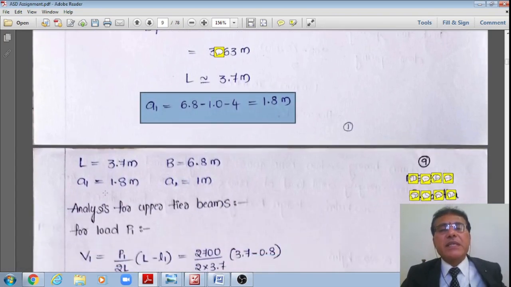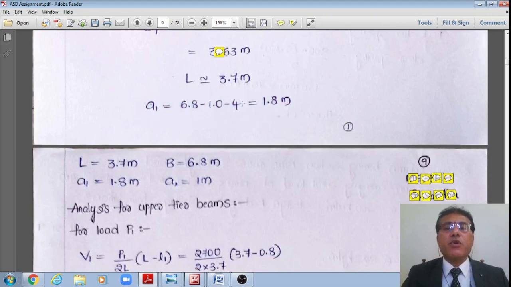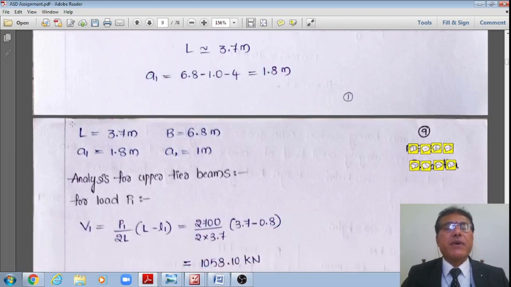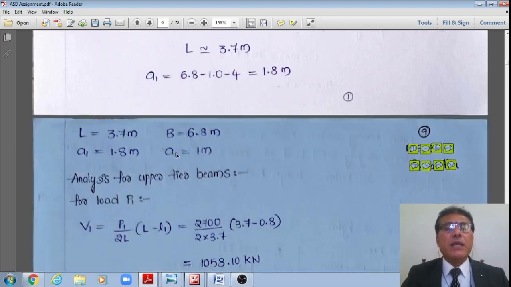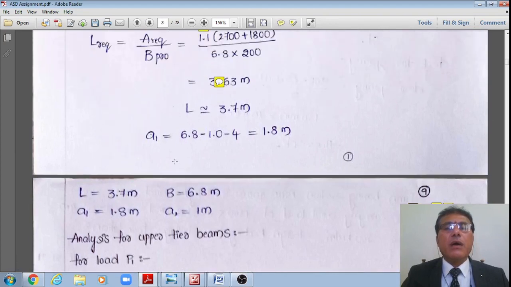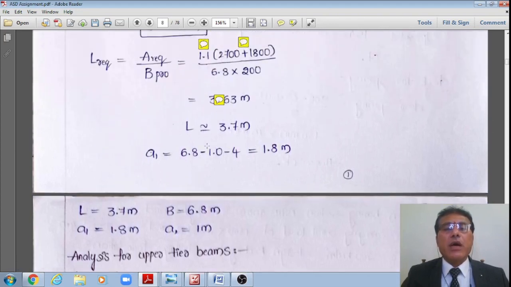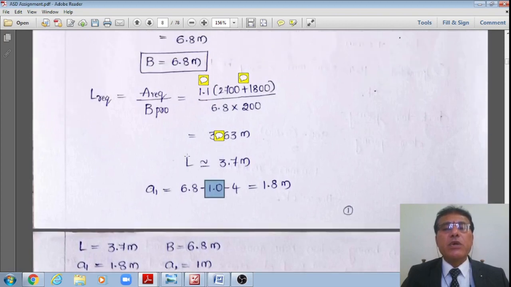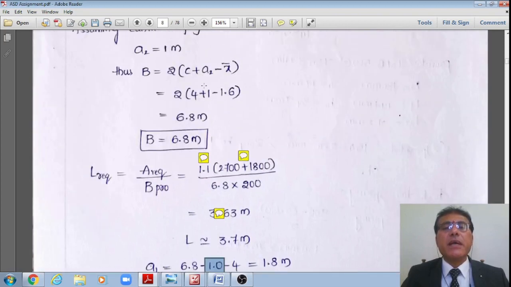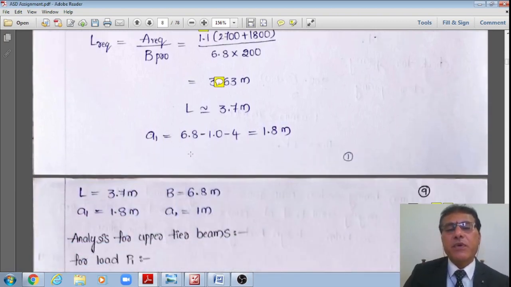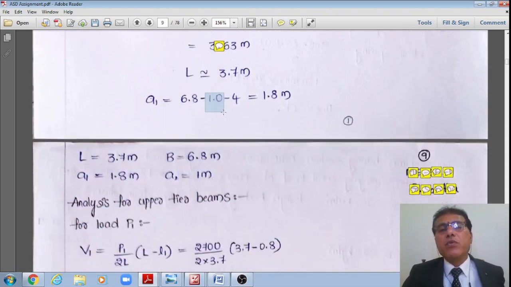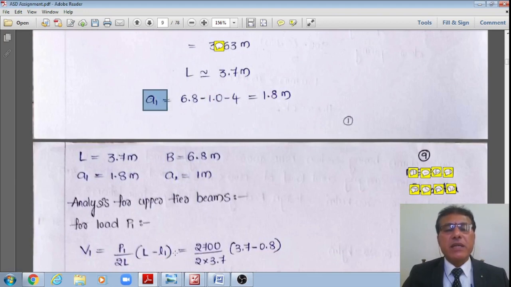Therefore, once I get this A1 as just proportion 1.8 meter from the fundamentals, I assumed A2 is equal to 1 meter. In the previous case, there I got B proportion. Therefore, using that same A2, now I'm getting what is A1, like this.